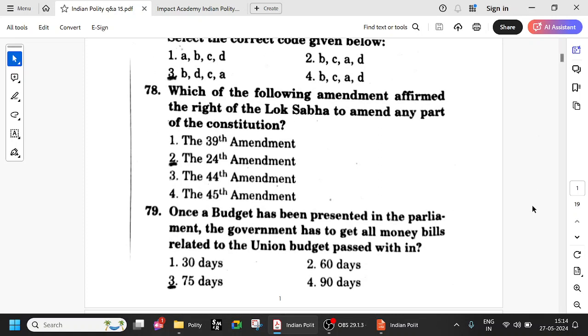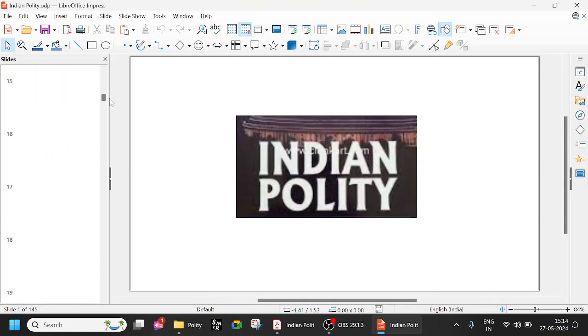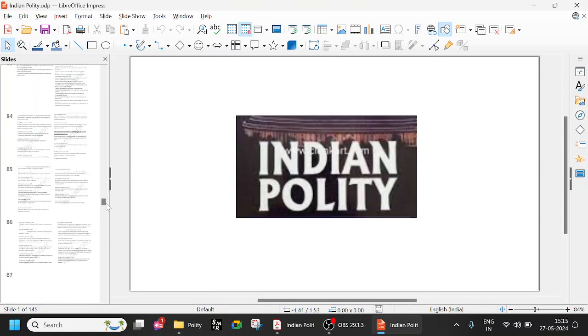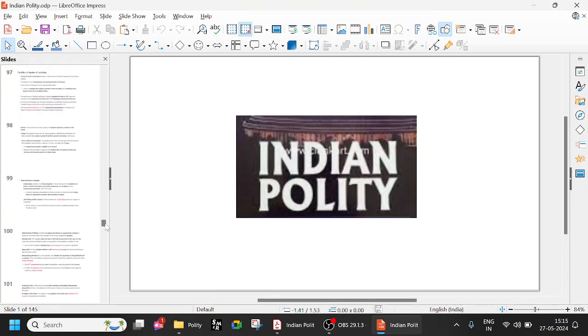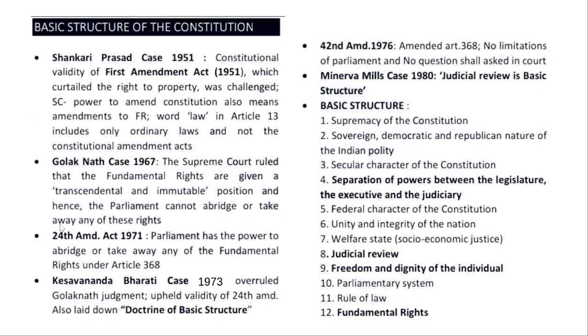Which of the following amendments affirmed the right of the Lok Sabha to amend any part of the constitution? Now, if you look at the basic structure of the constitution, first was the Shankari Prasad case, 1951.